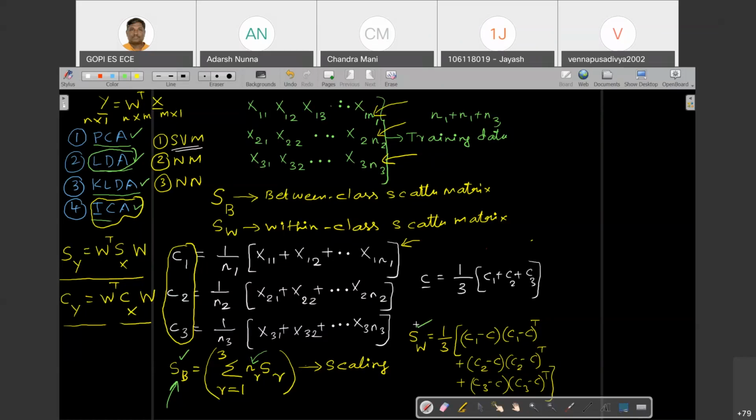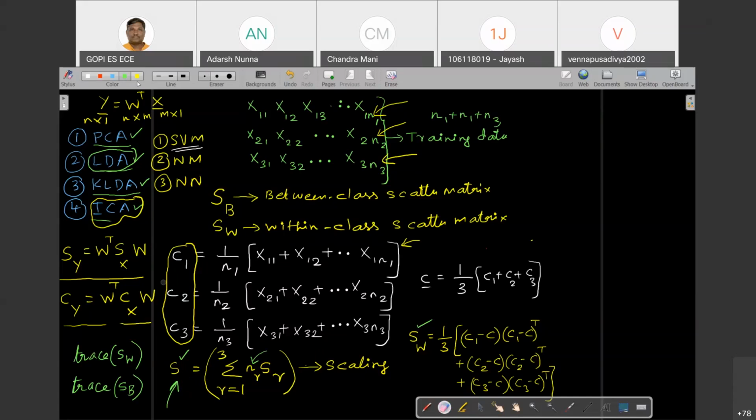What is more important is the trace. Even in the case of PCA, it is true, but I'm just saying that the trace of SW will give you information about how close the vectors are to each other. The trace means the summation of the diagonal elements, right? Okay, I'm sorry, I need to make a small correction here.